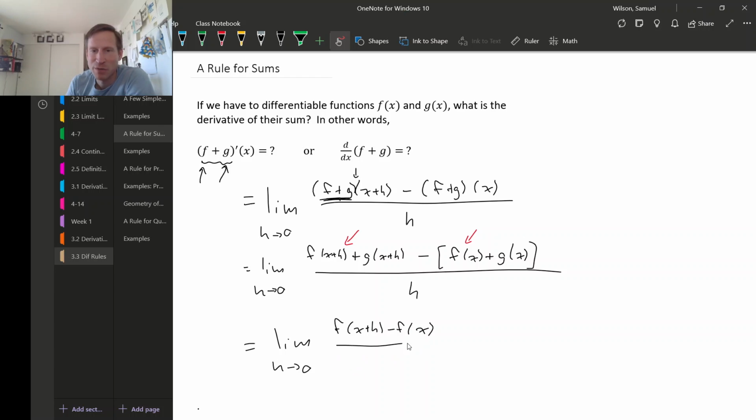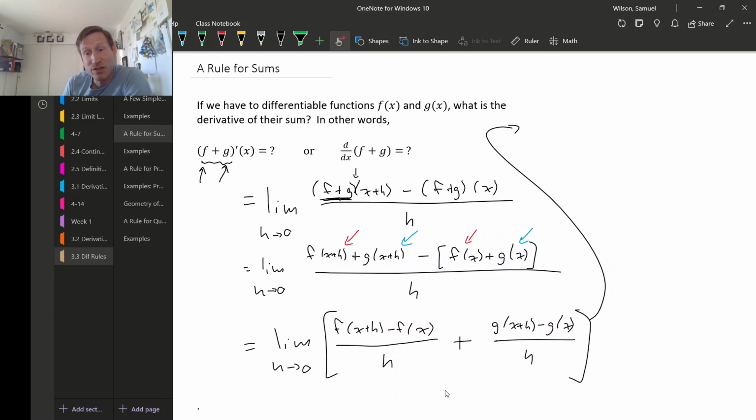In fact, we can break those off into a numerator on their own, plus, and then we can group the pieces that have the g's. So this is the g of x plus h minus g of x over h, right? So we're taking the limit of this whole thing.